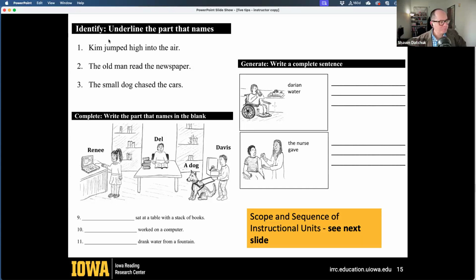So that'd be 1. 2 is now they're going to complete and have to respond with one part of the sentence. So notice how the difficulty here increases just incrementally. From here, they're just identifying the parts. Here now they need to, in this instance, write the part that names in the blank. So blank sat at a table with a stack of books. So that would be Dell.